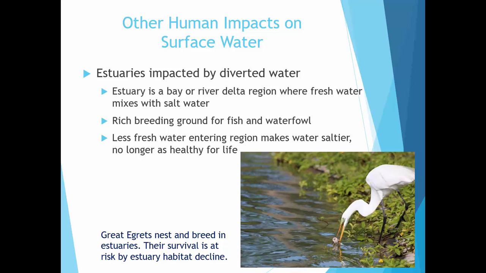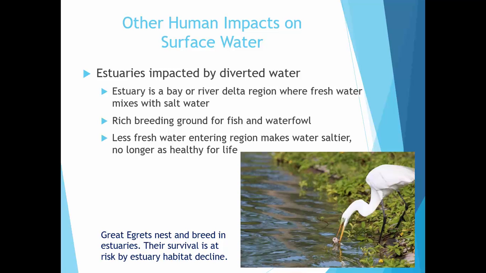Estuaries are unique areas that are impacted when we divert water. An estuary is a bay or river delta region. So you can imagine a river flowing into the ocean, and generally it fans out as it gets near the ocean, because the gradient, or the change in slope, tends to get very small.